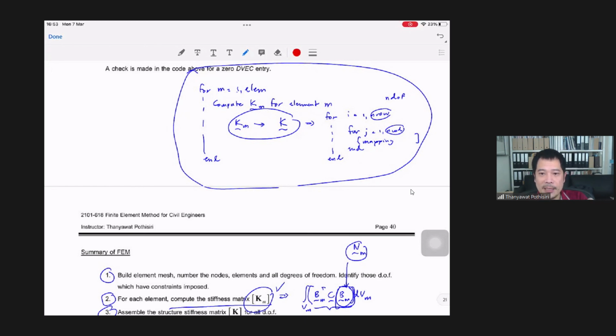Once you obtain the element stiffness matrix, you do the stiffness assembly to obtain the structural stiffness matrix, then you apply boundary conditions onto the structural stiffness matrix, and then you solve for the unknown displacements. Once you obtain the unknown displacements, you can recover all the quantities of interest for each element, and also compute the support reactions.